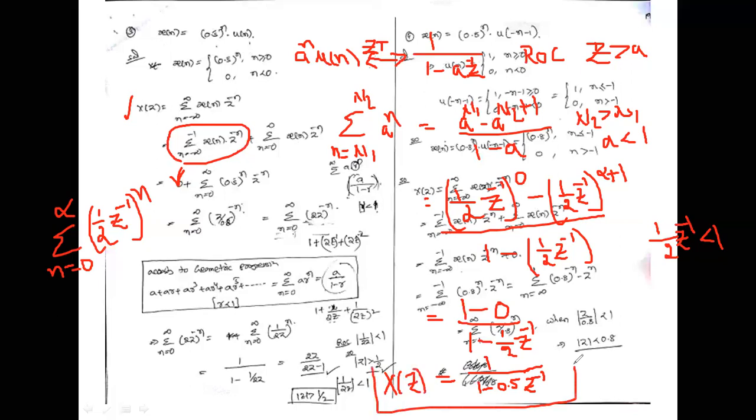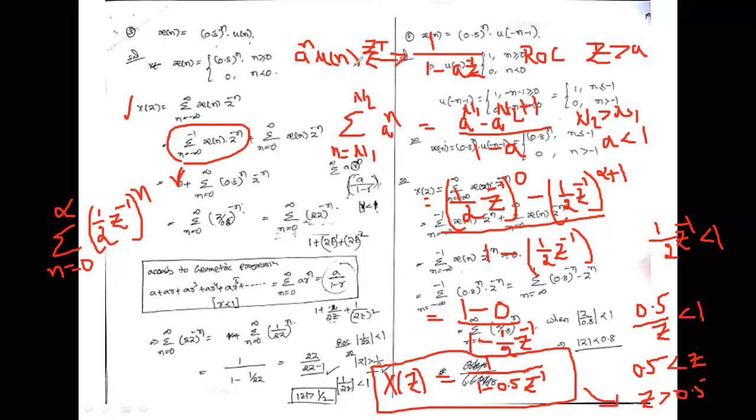But what is the ROC? 1 by 2 z inverse is less than 1. So 1 by 2, that is 0.5 by z, is less than 1. Okay, 0.5 is less than z, so z is greater than 0.5. This is the ROC we have.